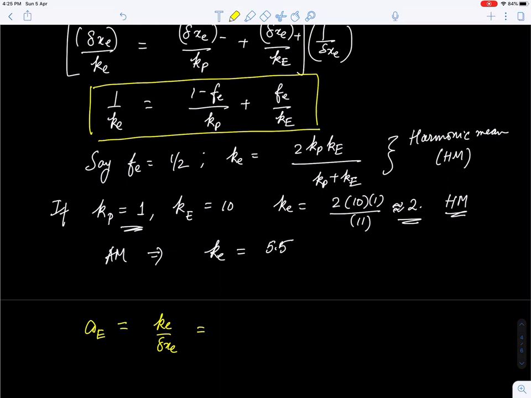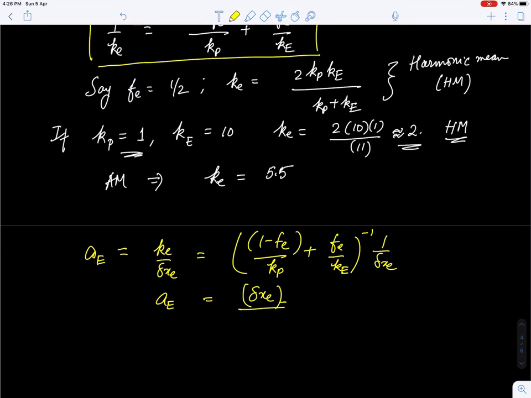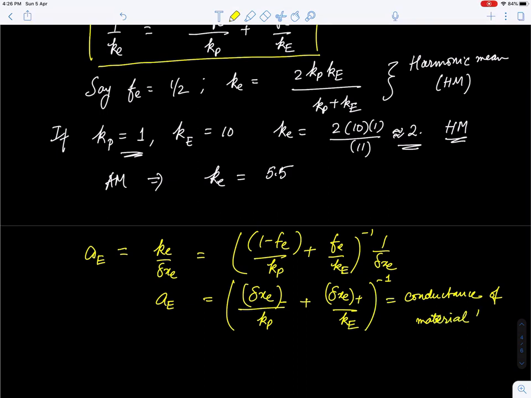So if I put that expression for Ke, which is 1 minus Fe by Kp plus Fe by Ke raised to minus 1 into 1 by delta Xe, what we should get is Ae would be delta Xe minus by Kp plus delta Xe plus by Ke raised to minus 1, which is the conductance of the material between points P and E.